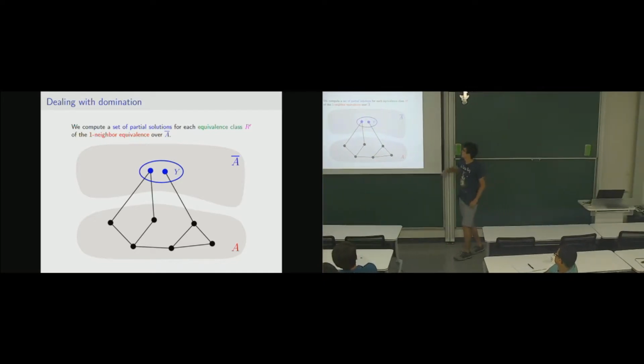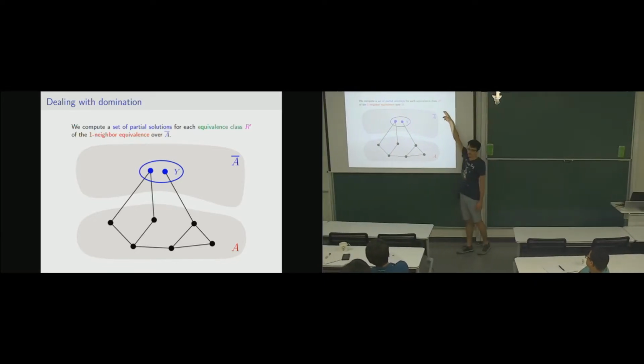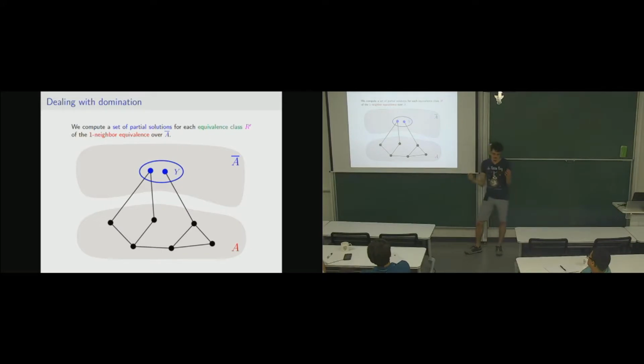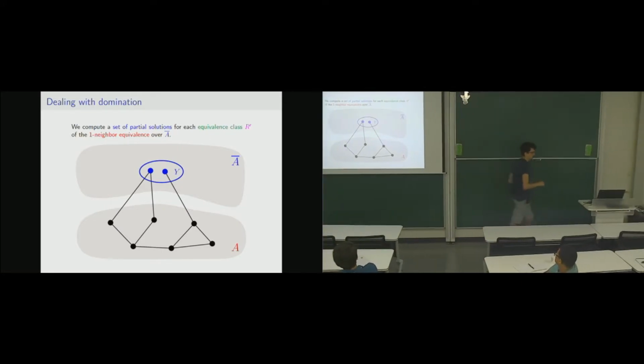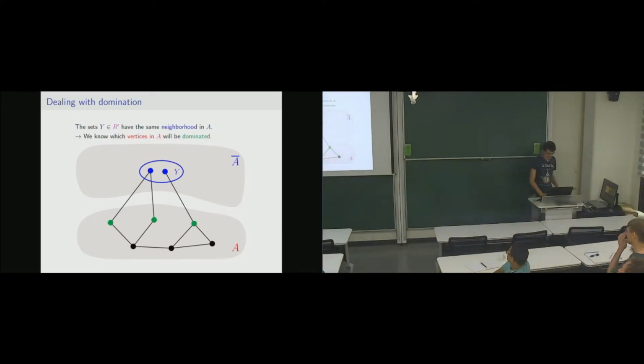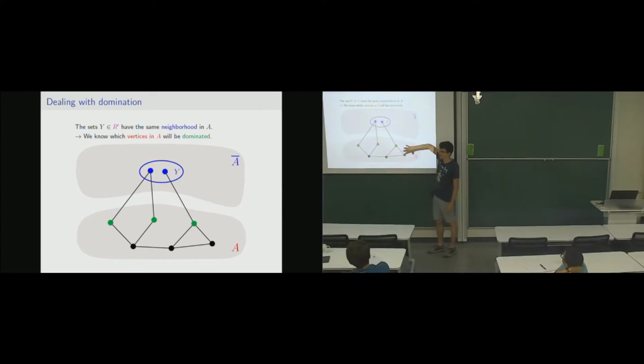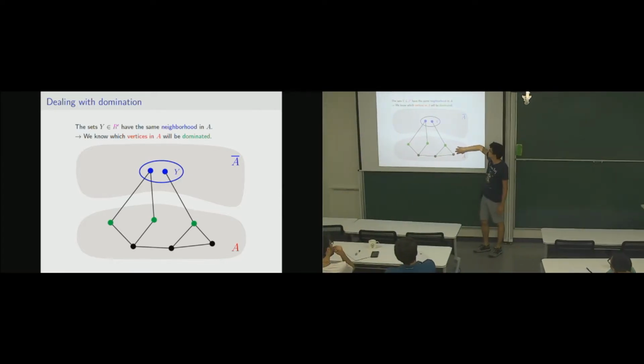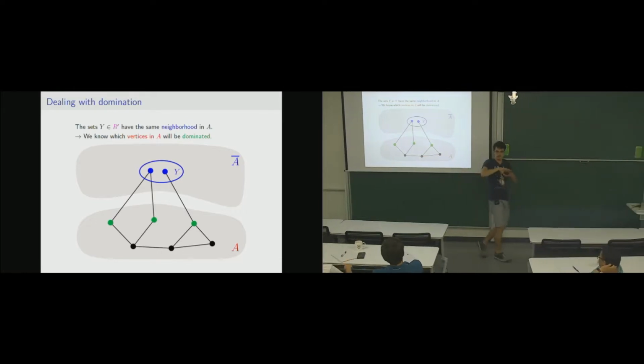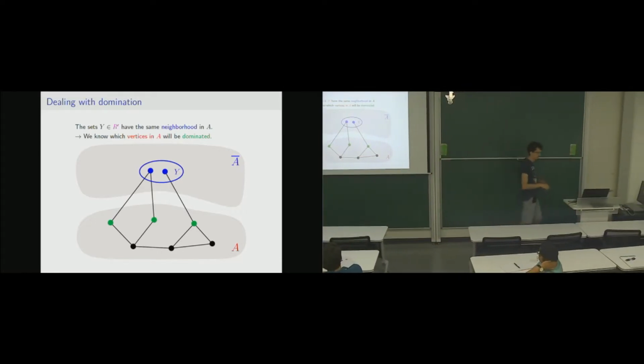The partial solutions you compute for R prime, you will complete them with a set in R prime. Because the sets in R prime have the same neighborhood in A, you know which vertices in A will be dominated by the vertices on the other side.